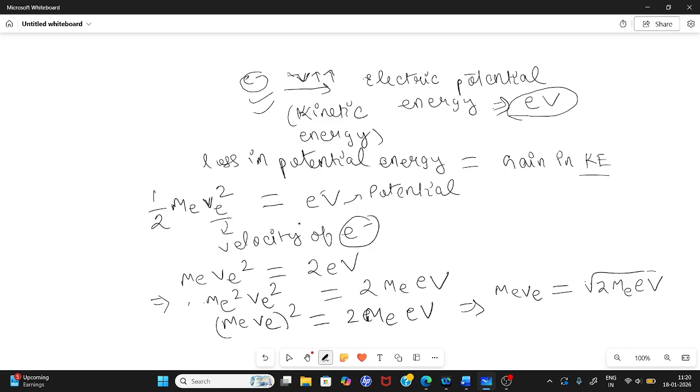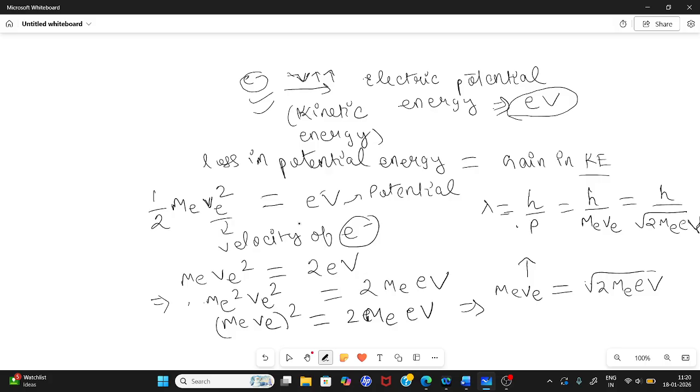The de Broglie wavelength lambda is equal to h by p, where p is the momentum, mass multiplied by velocity.